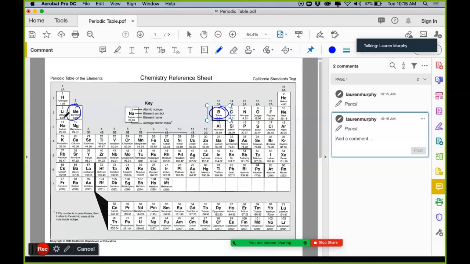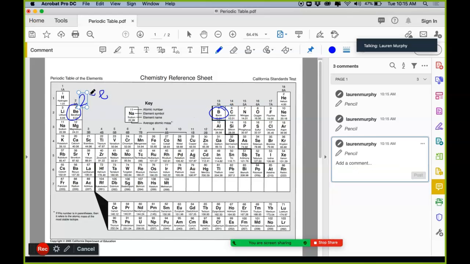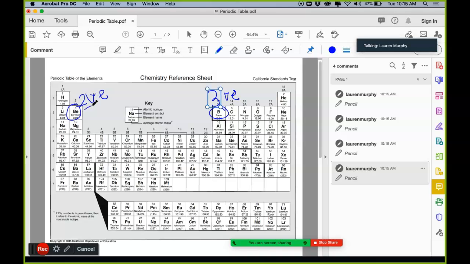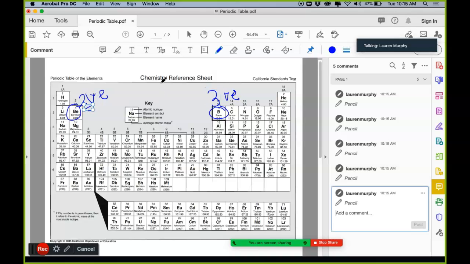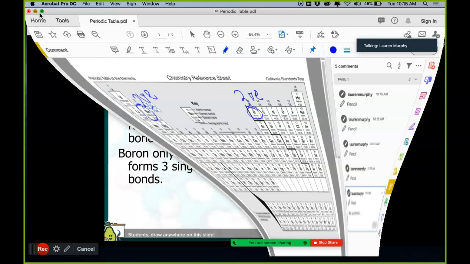They're pretty small elements. Beryllium has 2 valence electrons. Boron has 3 valence electrons. And they're actually okay. Beryllium is okay bonding just twice with its 2 valence electrons, and boron is okay bonding just 3 times with its 3 valence electrons.